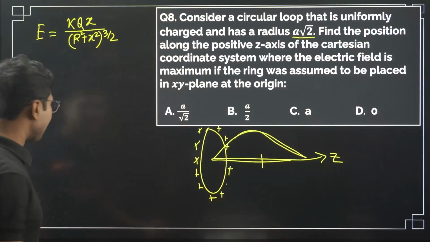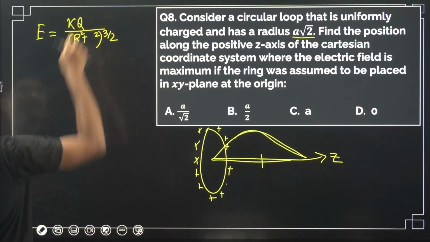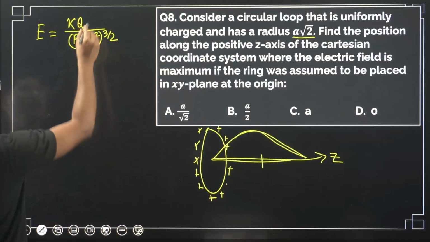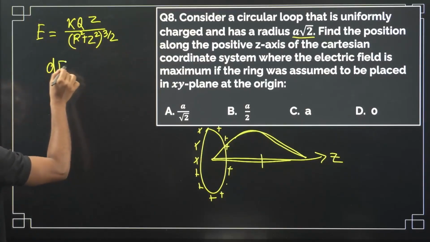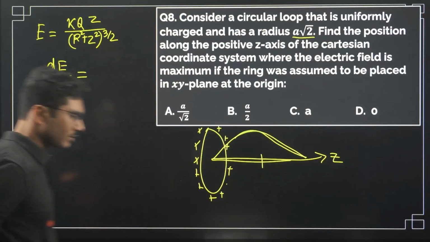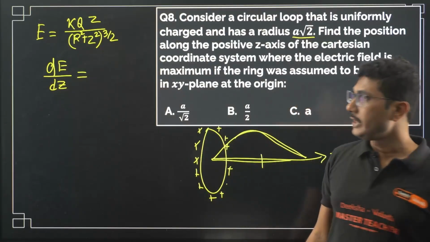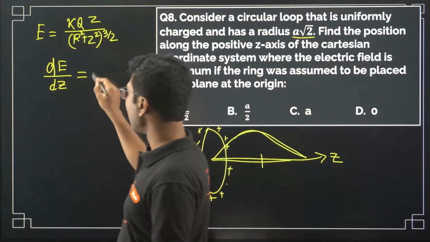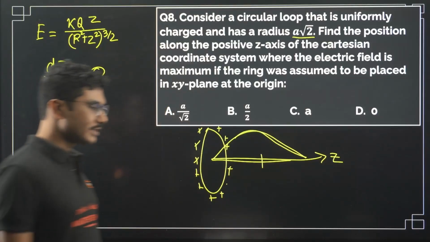And then you have to differentiate it, because it is along the z-axis we can replace x by z. And then you have to find the condition for maximum, which you will learn in the application of derivative chapter, AOD. There you will know how to find maximum, how to find minimum, and then how to check whether it's a maximum or minimum.